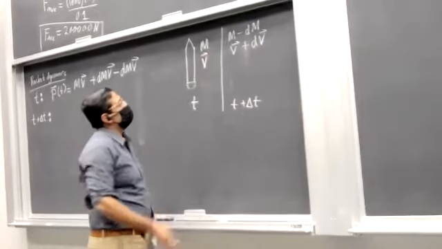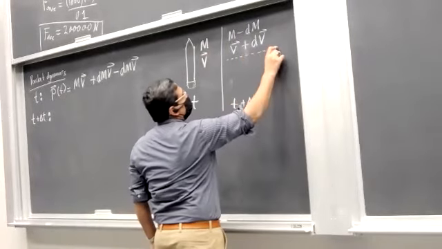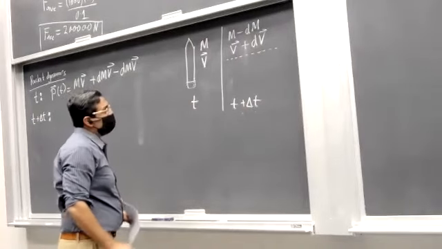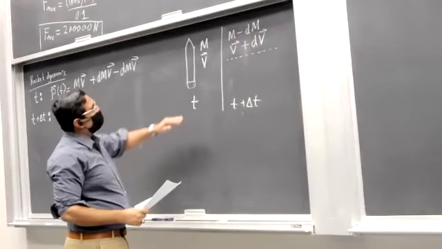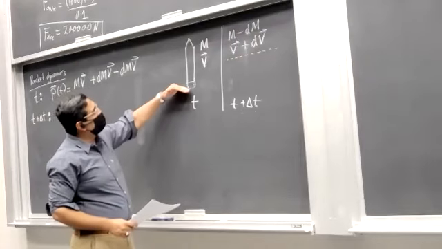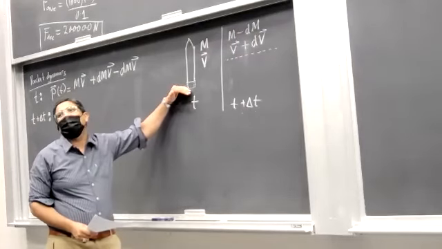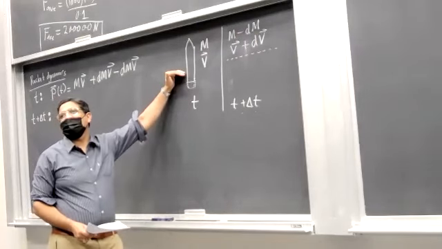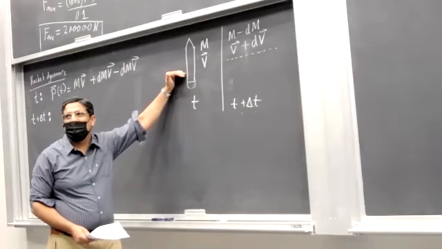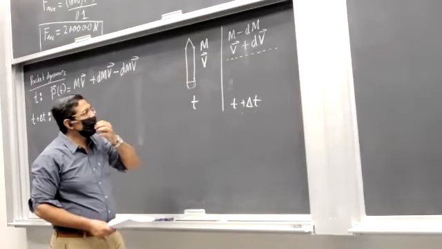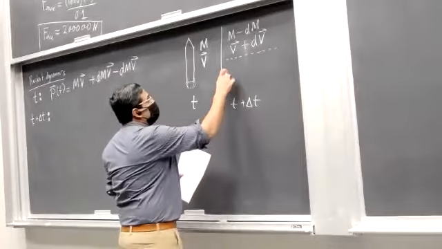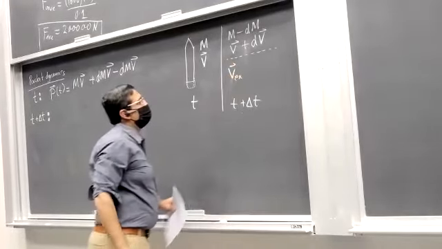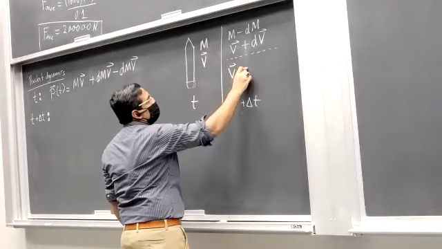Now what about the emitted gases? Let's say the exhaust is emitted at speed u relative to the rocket. So what would be the V exhaust, if that is V rocket?